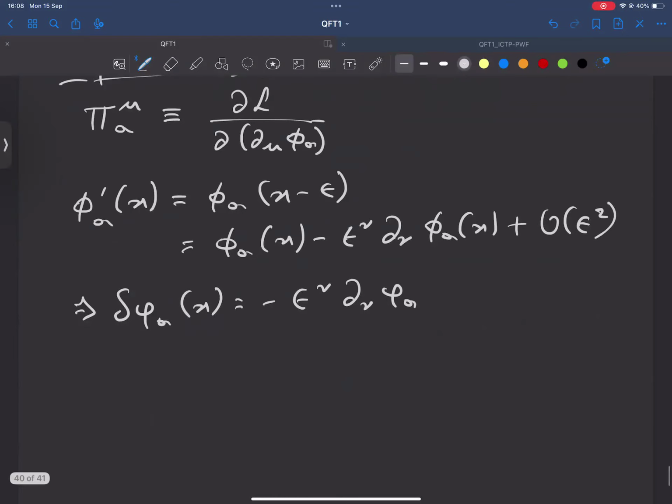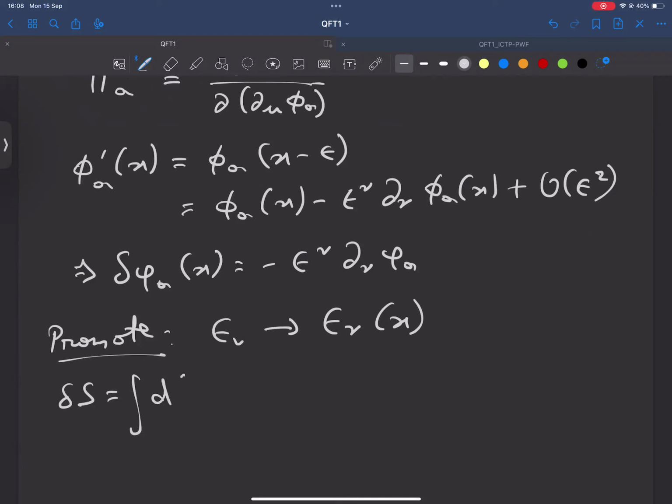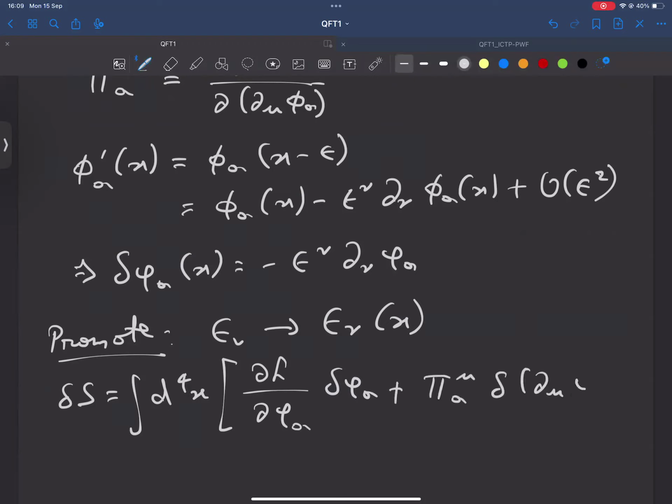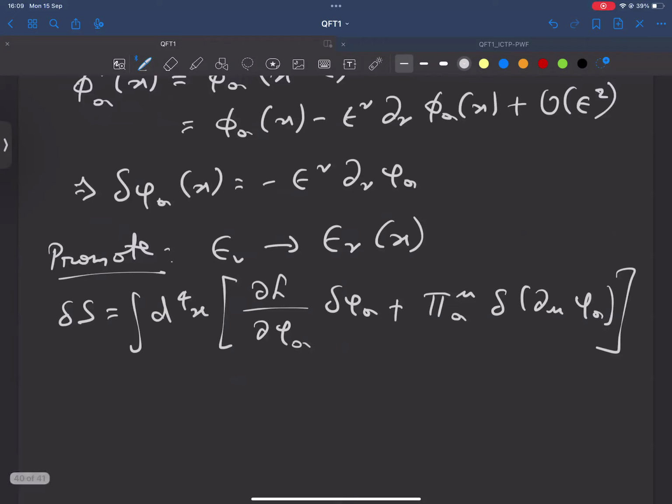Okay. So now we will promote epsilon to a function depending on the space-time coordinates, and we will do the variation. Okay. So delta S is plus pi^mu_a delta del_mu phi_a. Okay, and now note that this delta del_mu of phi_a part will play a key role here.